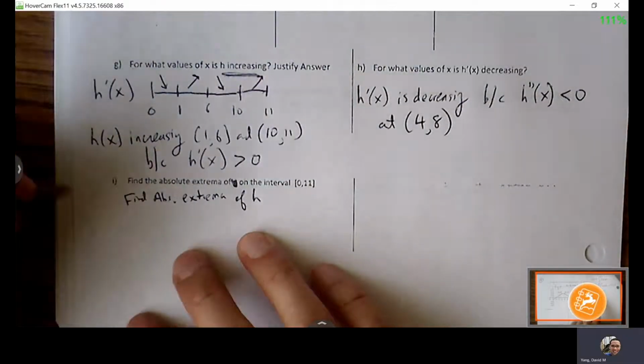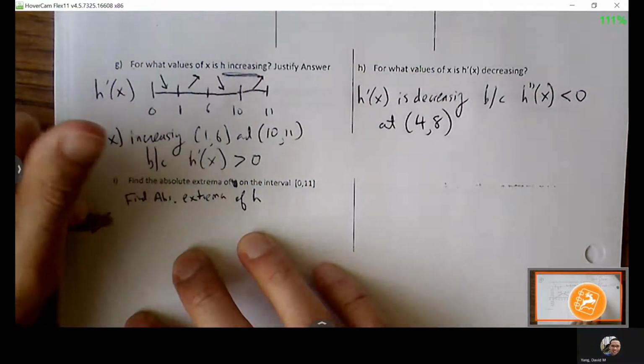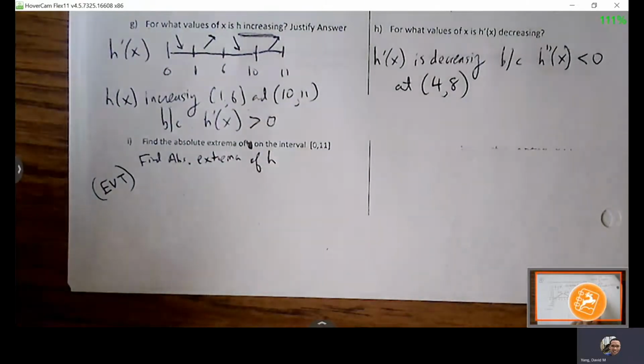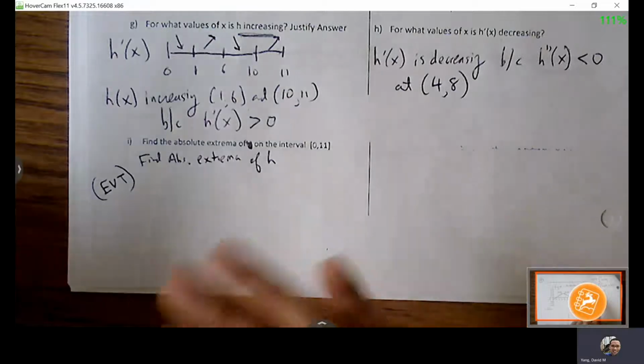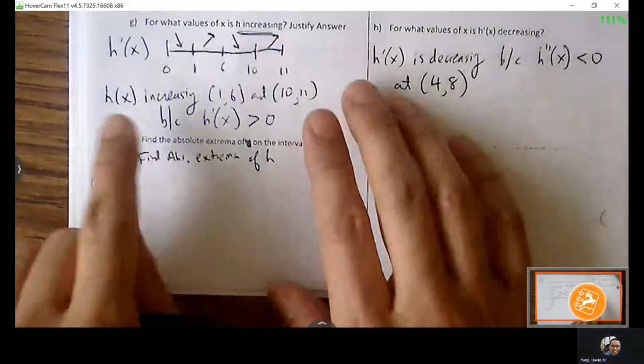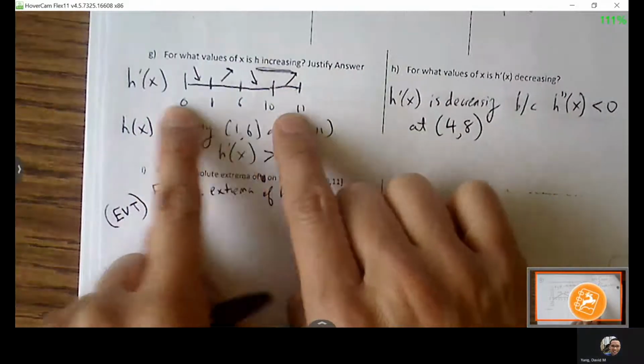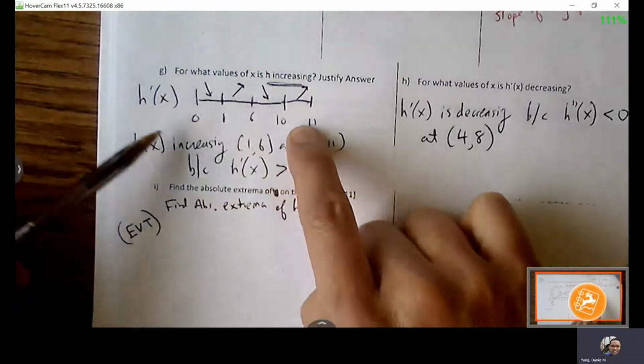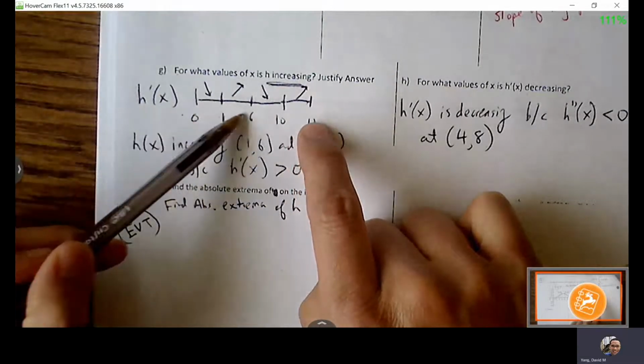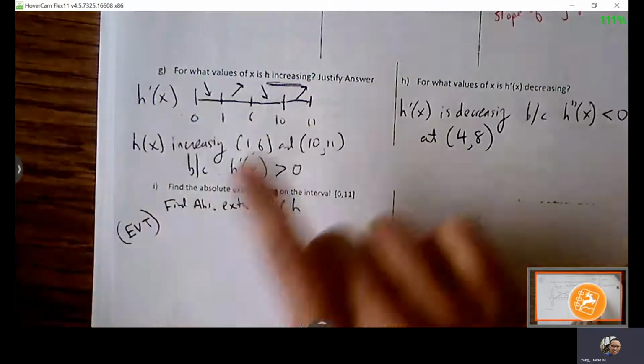So this is really extreme value theorem. Extreme value theorem says I can find the highest and lowest points by relying on my critical values, right?